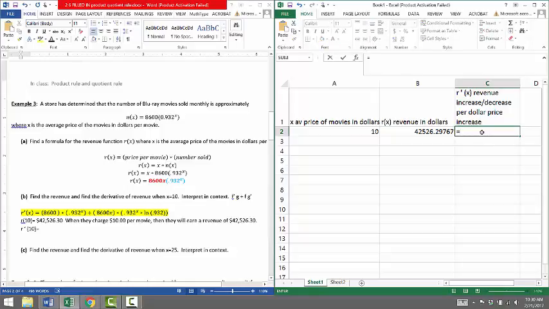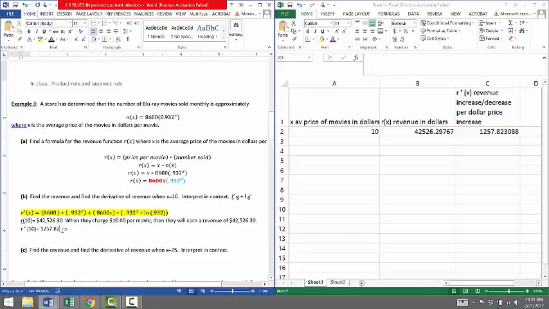So equals 8,600 times 0.932 raised to the X plus 8,600 times X times 0.932 raised to the X times ln of 0.932. So I get 1,257.82 approximately.